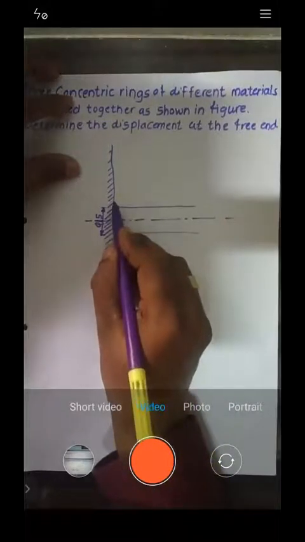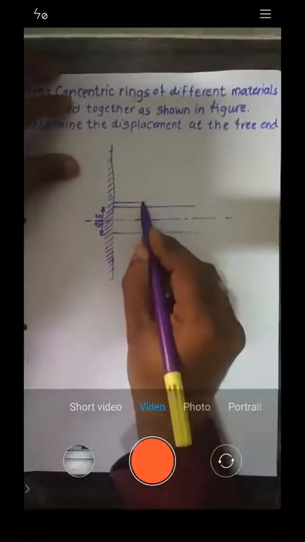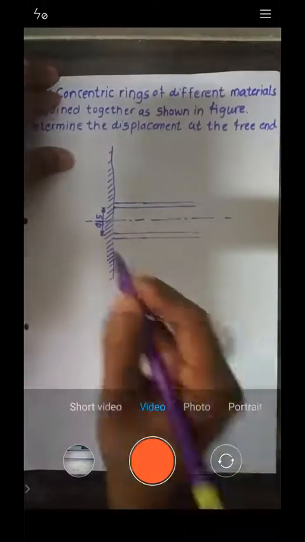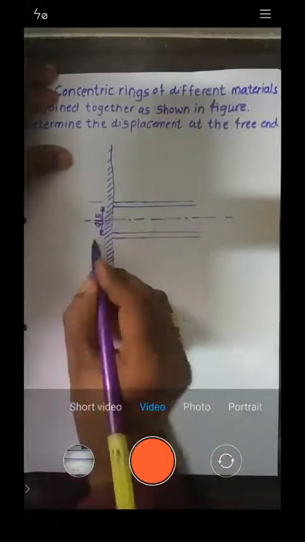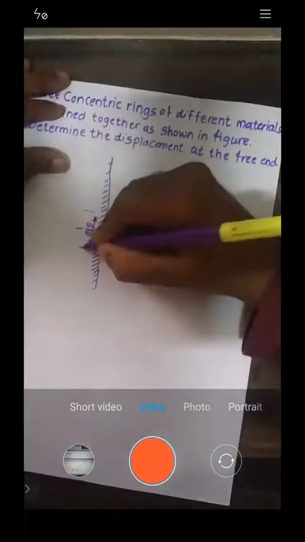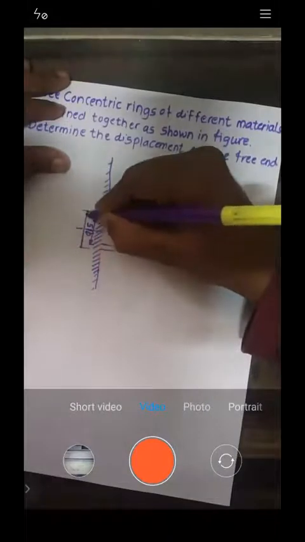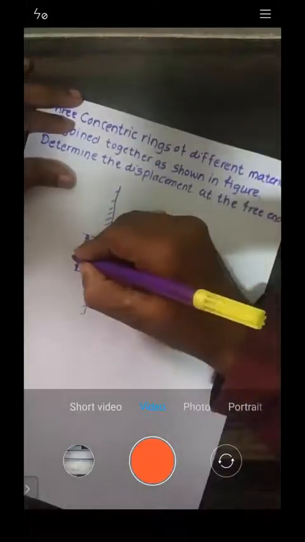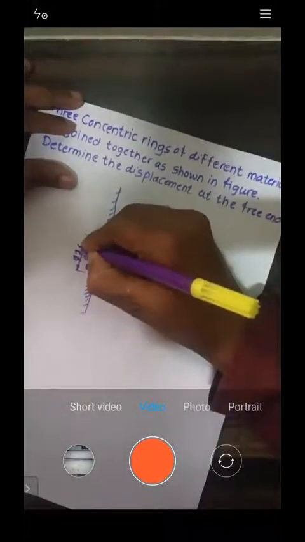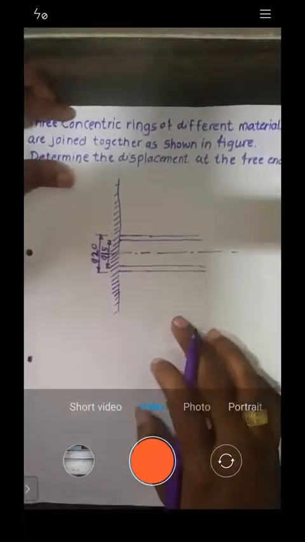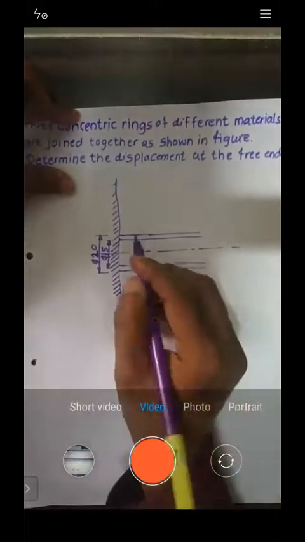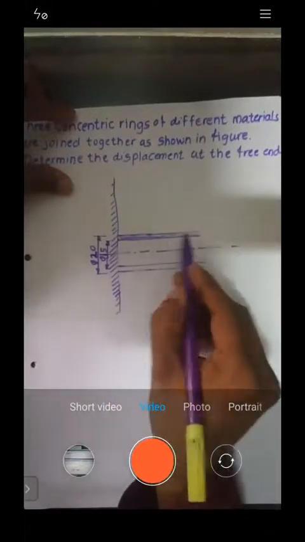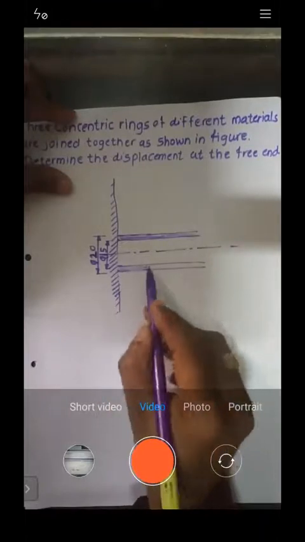Similarly, you will have the outer diameter, and it is again given: phi is equal to 20. So this is the first ring, with inner diameter 15 and outer diameter 20.